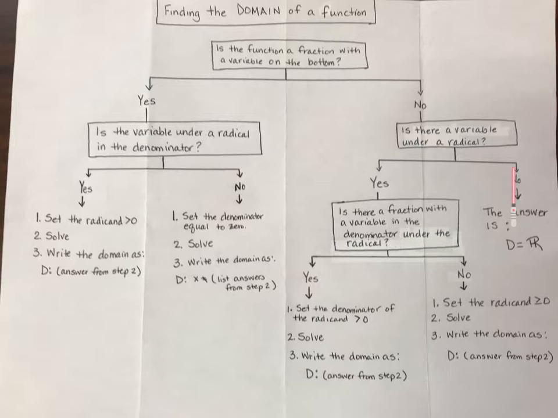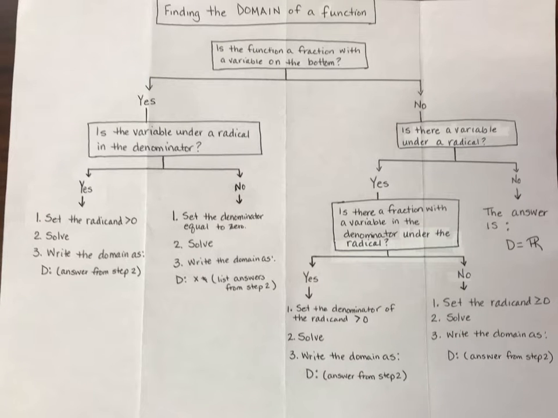Okay, so let's back up. So is there a variable under the radical? Let's say yes. There is a variable underneath my radical. Is there a fraction with a variable in the denominator under the radical? So is there a fraction under my radical with the variable in the bottom? No, so then I take my radicand, everything underneath my radical, set it greater than or equal to 0, solve.